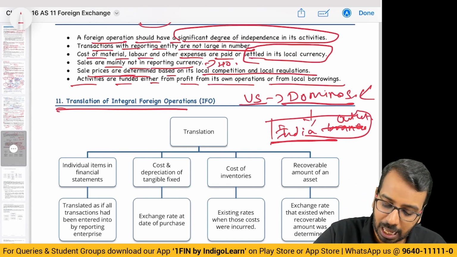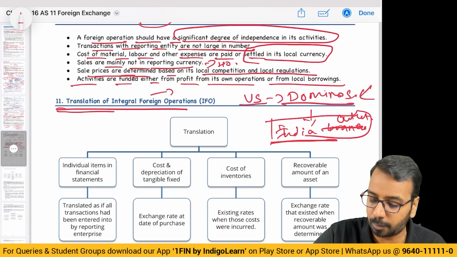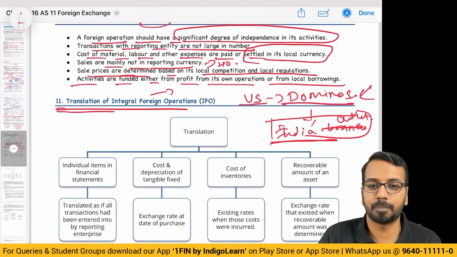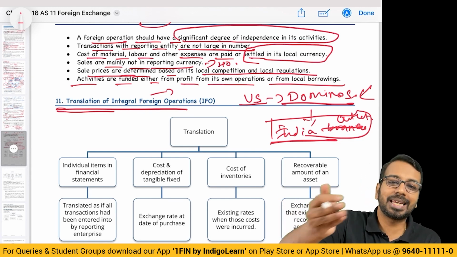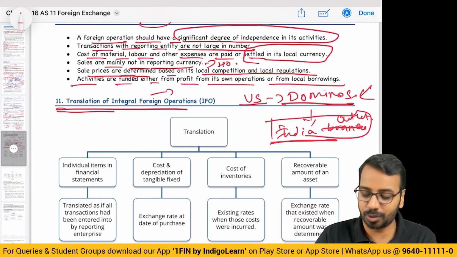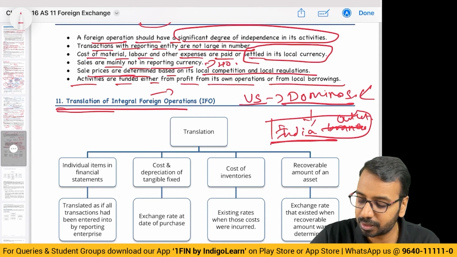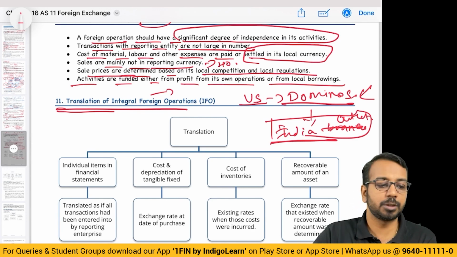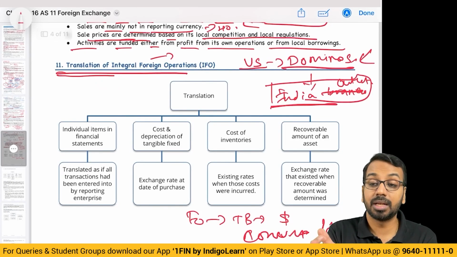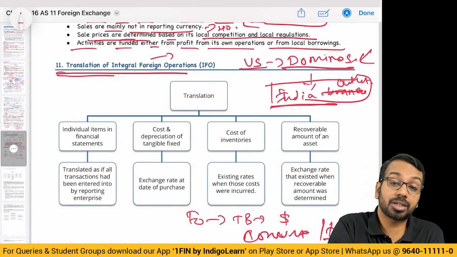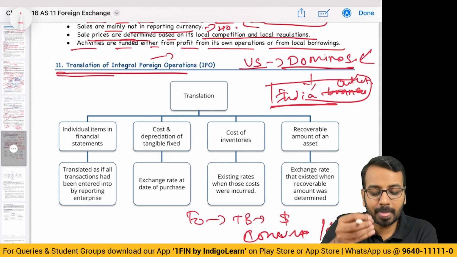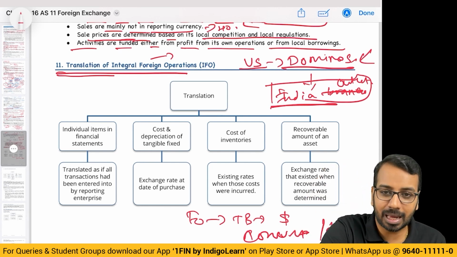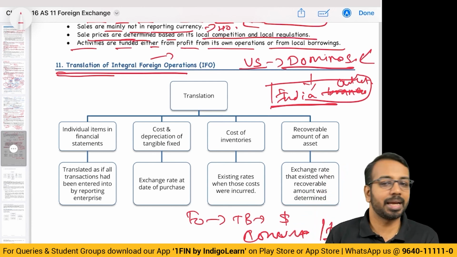If there is a foreign operation, it will prepare its trial balance in, let us say, dollars. The dollar amount I cannot directly add to my Indian trial balance. So what should I do? I should convert. This is also called translation. The difference between transaction and translation is, in a transaction I am entering into a transaction, whereas in translation I am taking just a trial balance and converting it into my INR value.